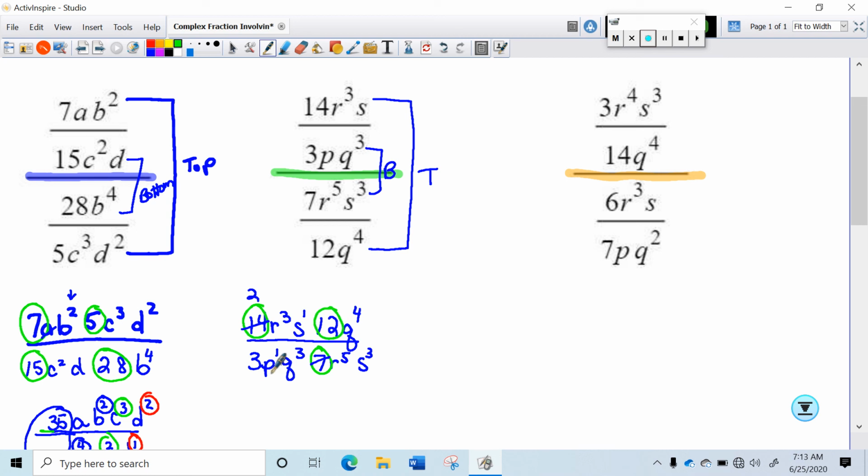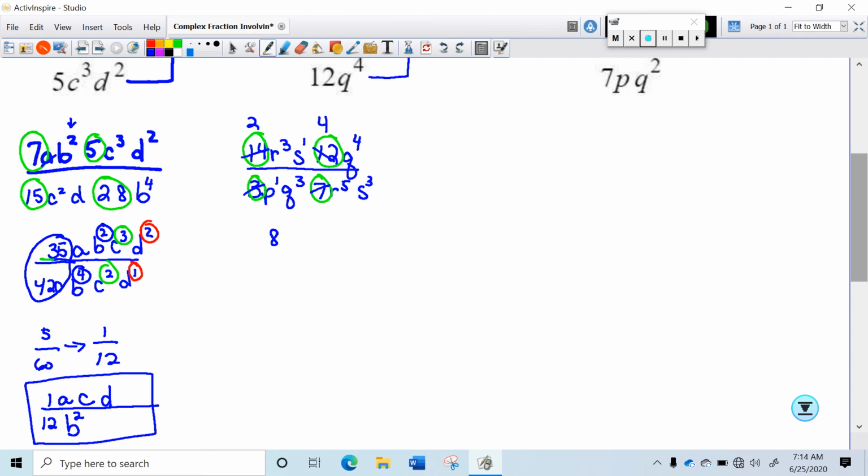So 12 divided by 3 is 4. So that means on the top we have 2 times 4, which is 8. On the bottom, those canceled out, so all we're going to have here is an 8 on the top.